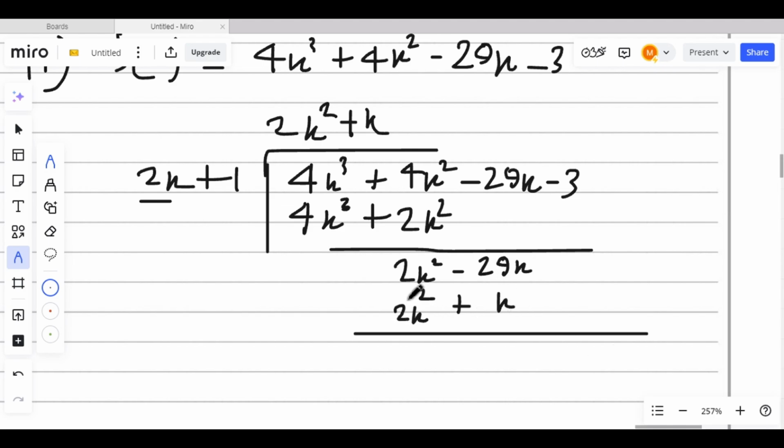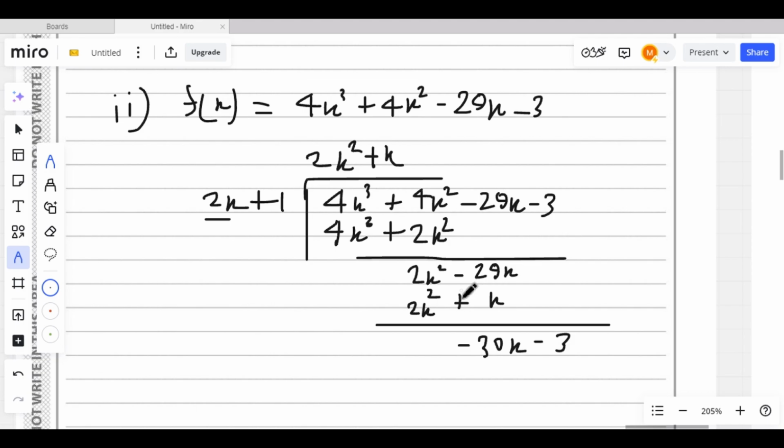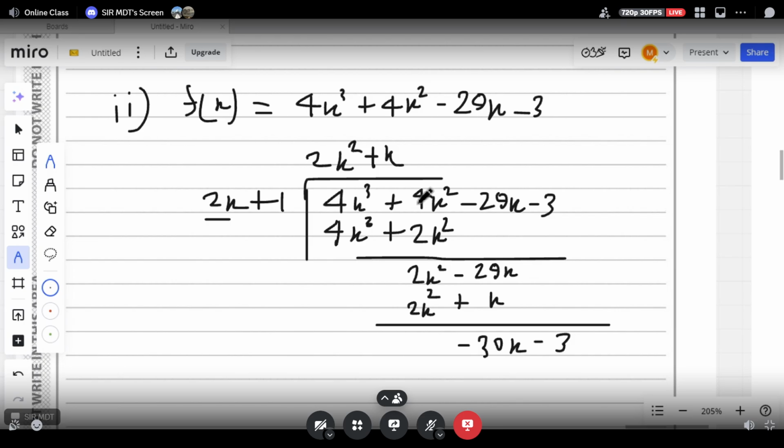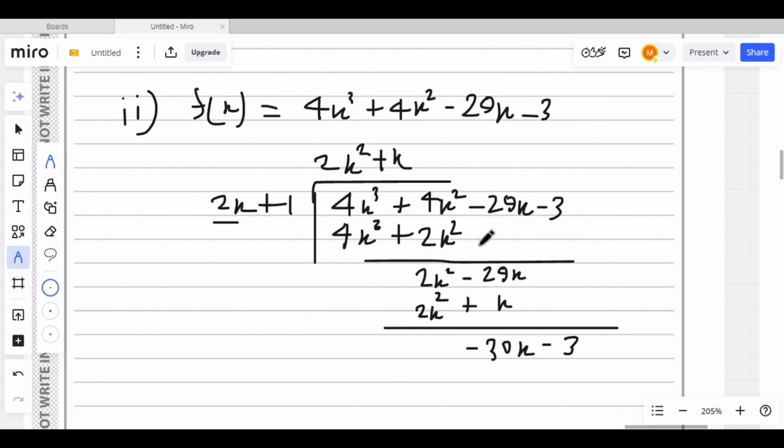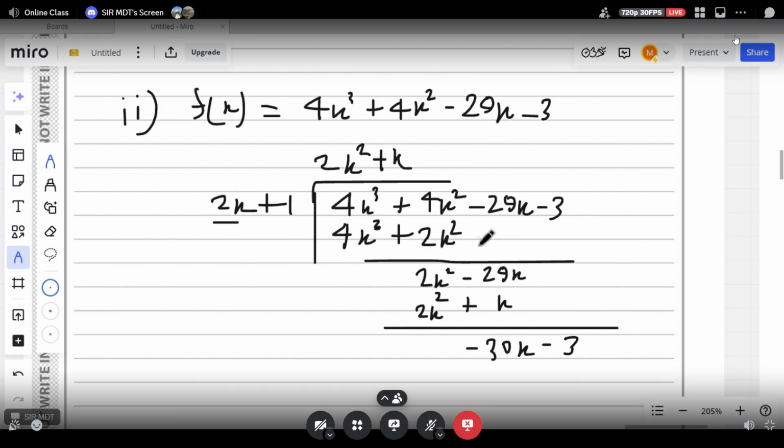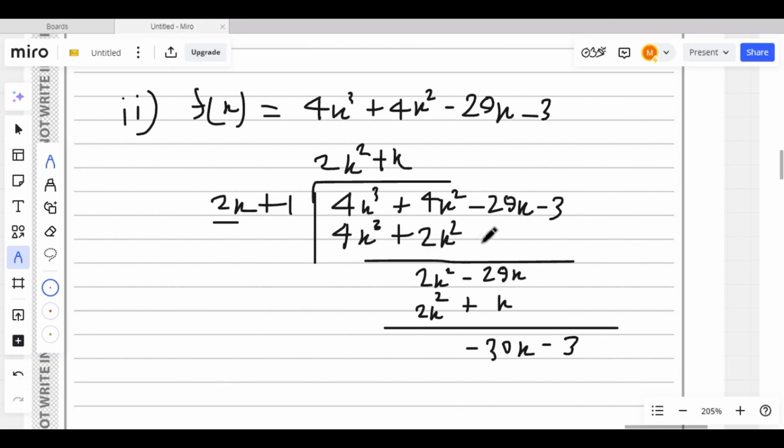Now again subtract, 2x squared cancels out each other. You will get negative 30x negative 3.